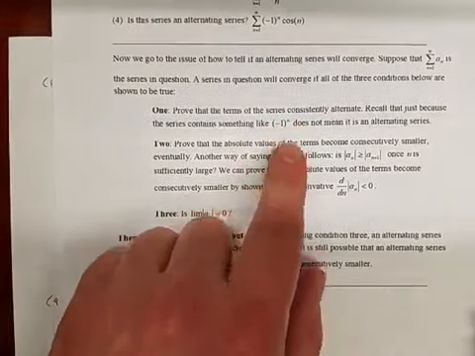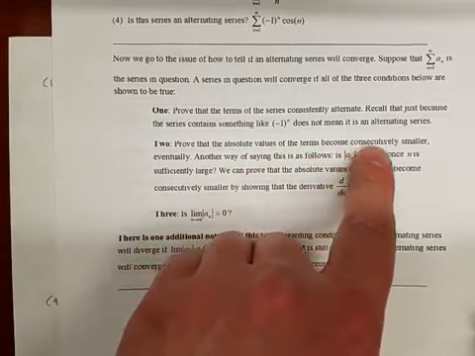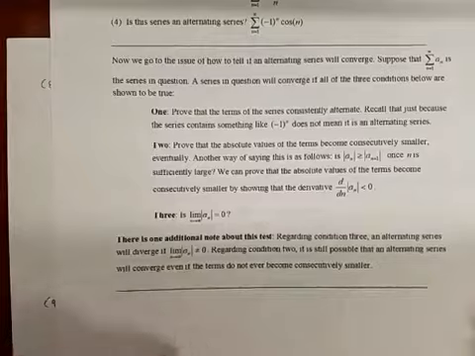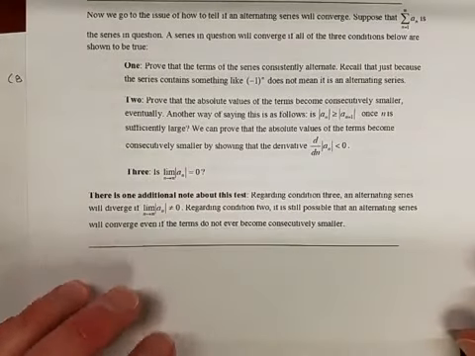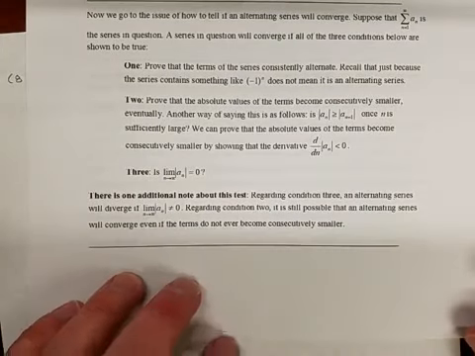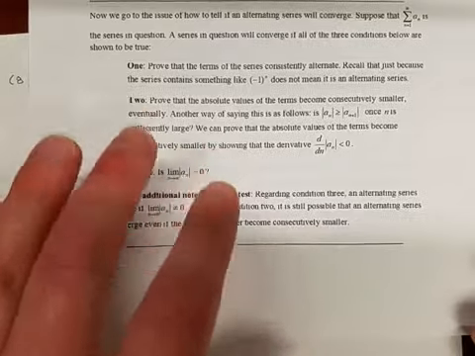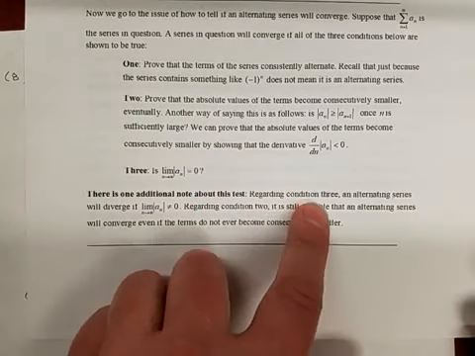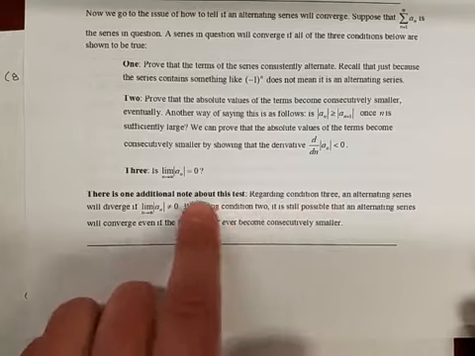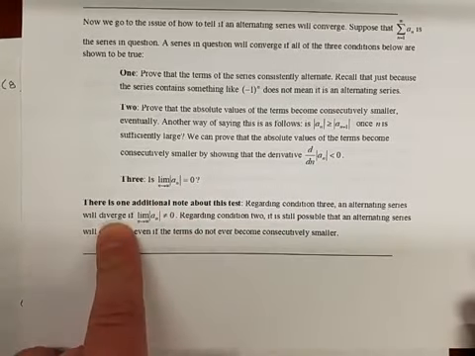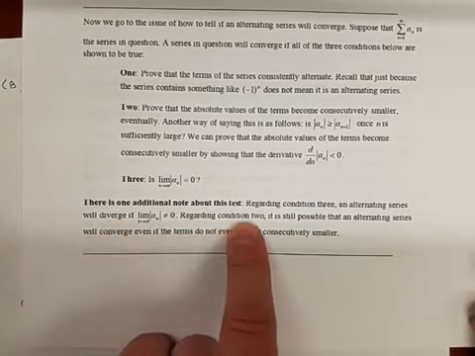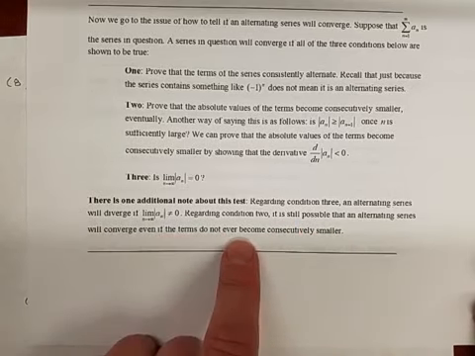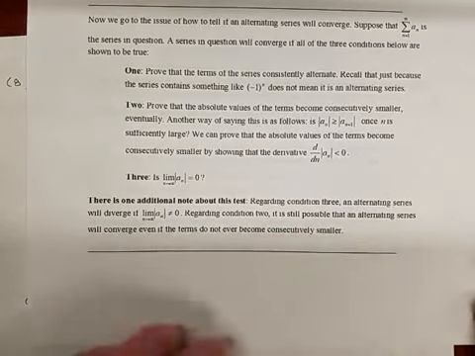Prove the terms alternate, prove that the terms become consecutively smaller, prove they go to 0 in absolute value. But there's some fine print. What does it mean if it fails the test? If it fails the third part, then it diverges. If it fails the second part, it can go either way. It could converge or diverge.